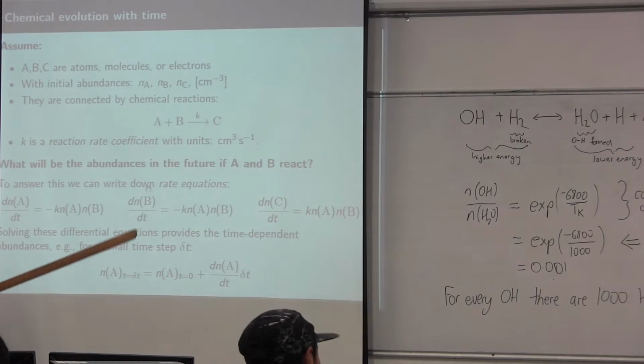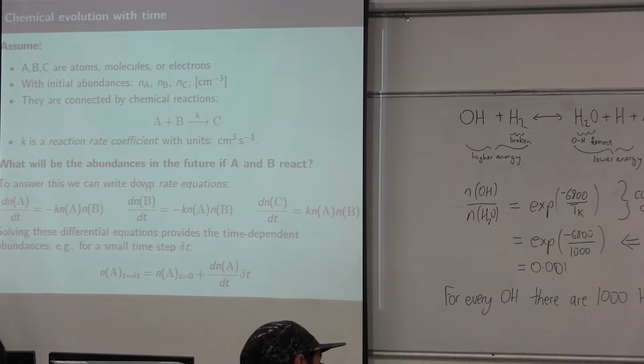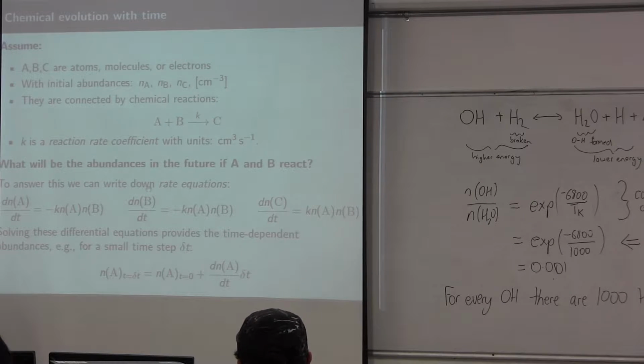Oh, yes. In the most general cases, there are catalysts in the reaction. Is that catalyst included? Well, a catalyst is, once again, basically three things coming together at once, because you've got to have A and B and then the catalyst together.